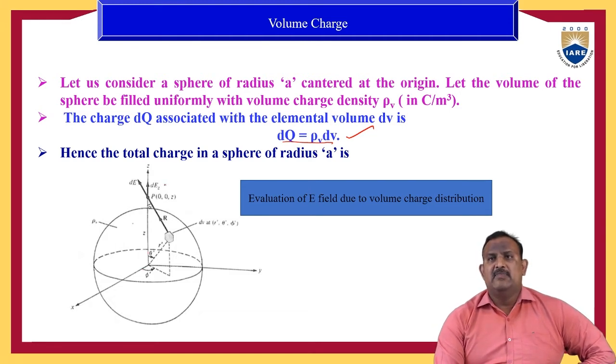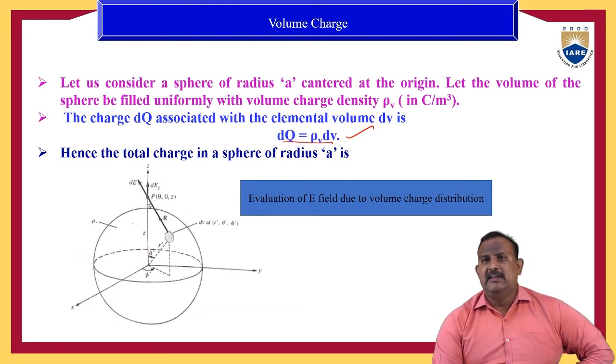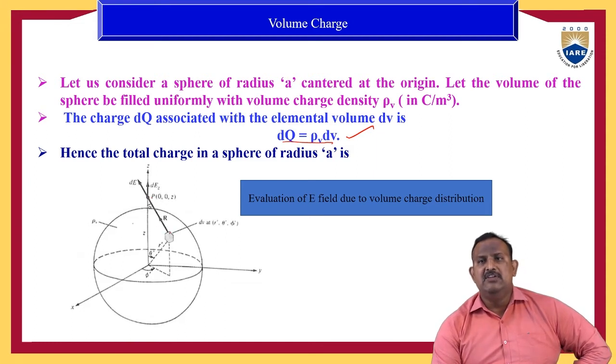So here there is no need to write the X coordinate and Y coordinate, we have only the Z coordinate. Here our aim is to find the electric field intensity at point P due to the elemental volume dV. For that, let us assume some elemental volume in the sphere, which has the coordinates r dash, theta dash, phi.